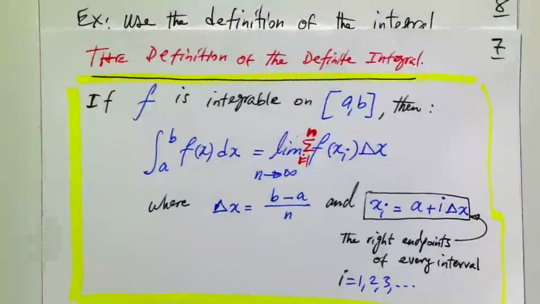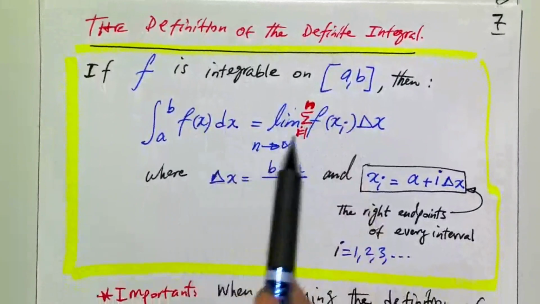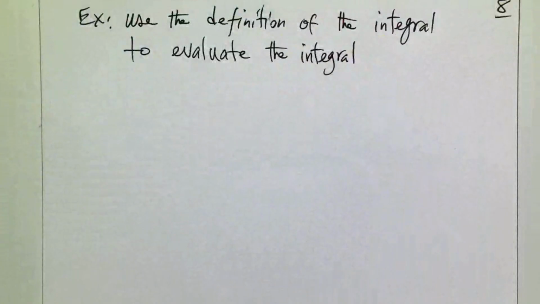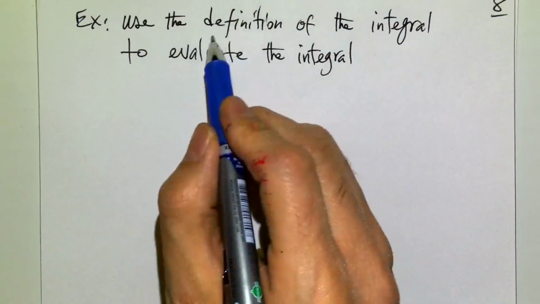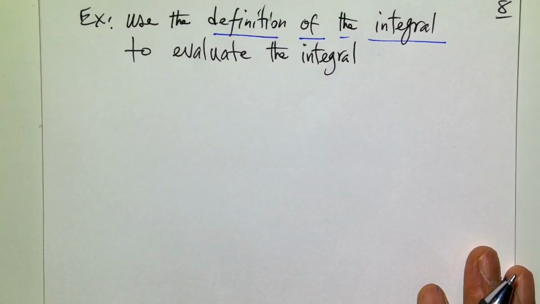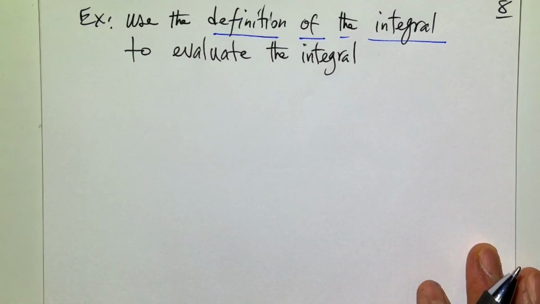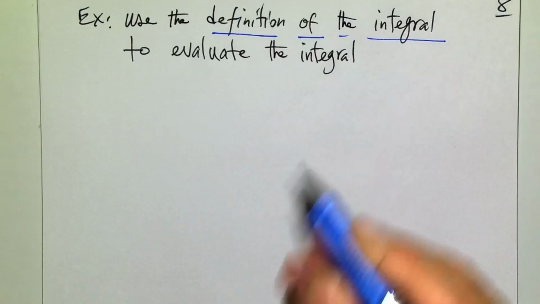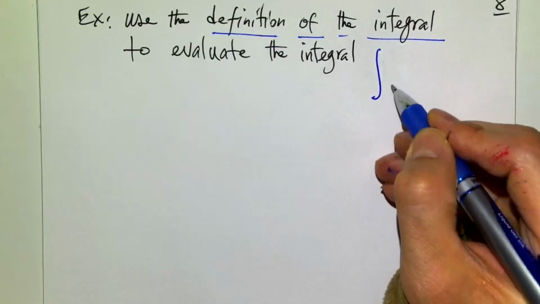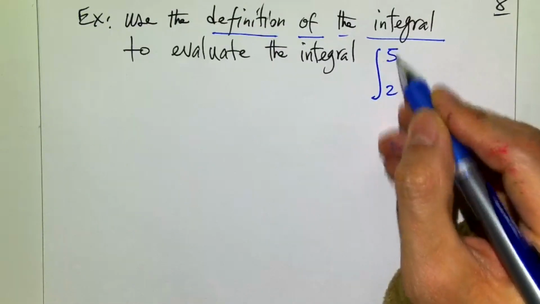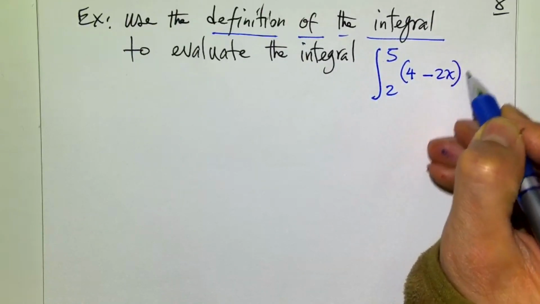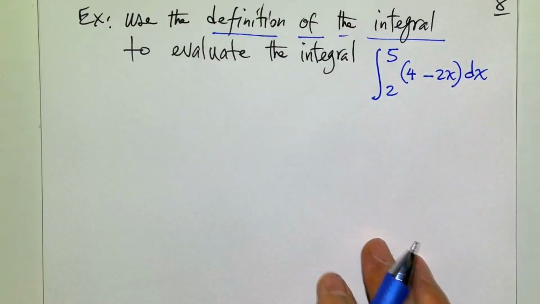Like I said, sometimes we are asked to use a definition, so we have to use that. It's important. Use the definition of the integral to evaluate the definite integral from 2 to 5 of 4 minus 2x dx. Okay, that's what we want to do.